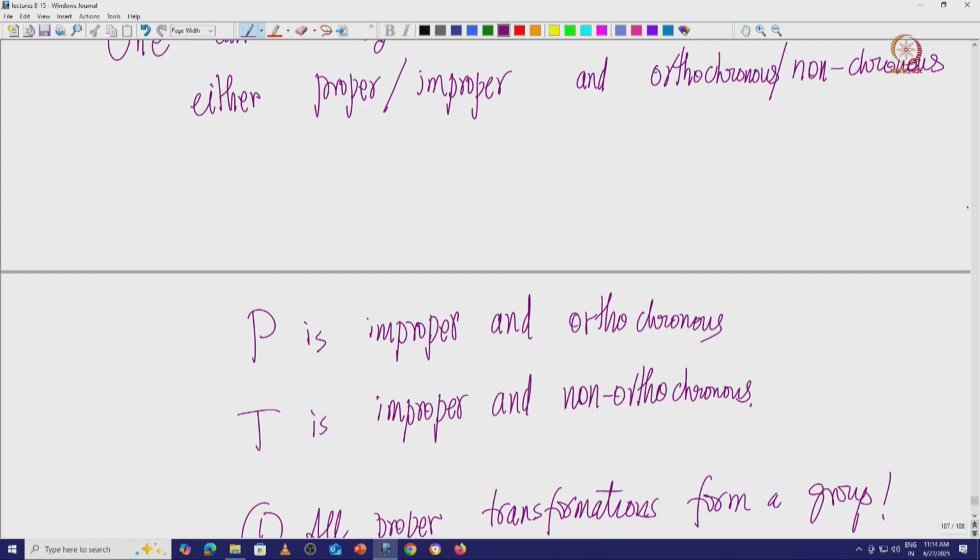P starts with 1, minus 1, minus 1, minus 1, so it is obviously improper. Whereas T is also improper because it starts with minus 1, and also non-orthochronous because lambda 0 0 is negative. So P and T are obviously improper, and T is in particular also non-orthochronous.